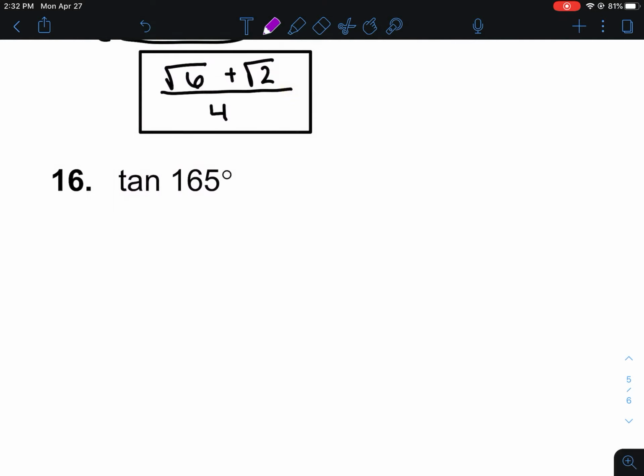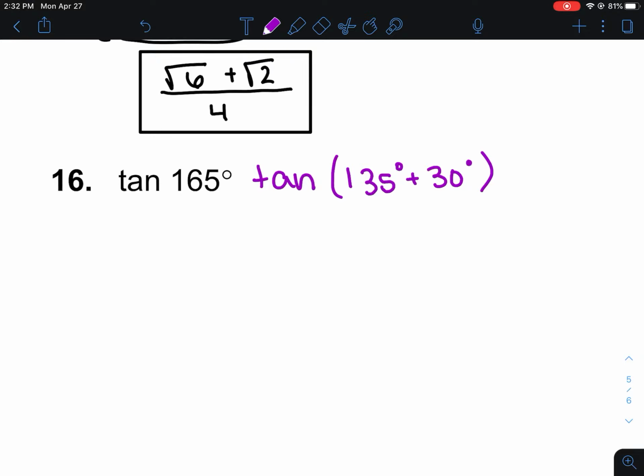Tangent of 165. So for tangent, I'm going to look at what adds up to 165. I might pick 135 plus 30. Again, there are multiple different ways you can add or subtract to get 165. As long as they're unit circle values, that's fine.